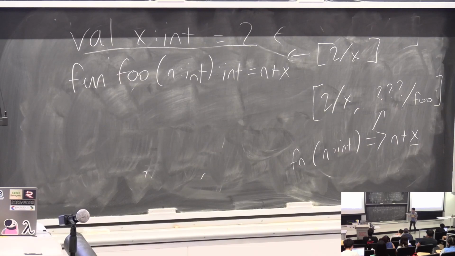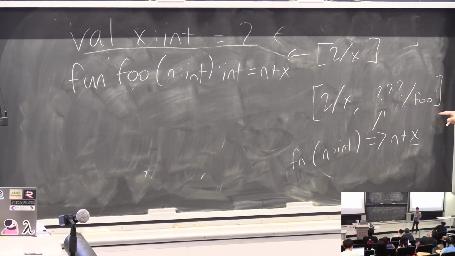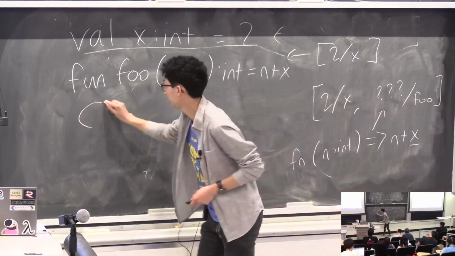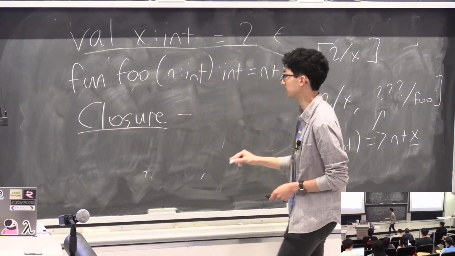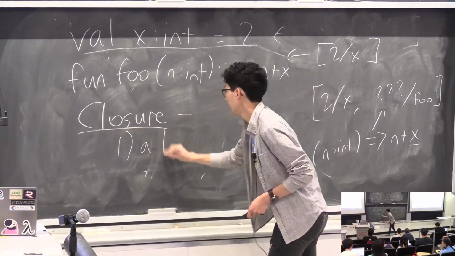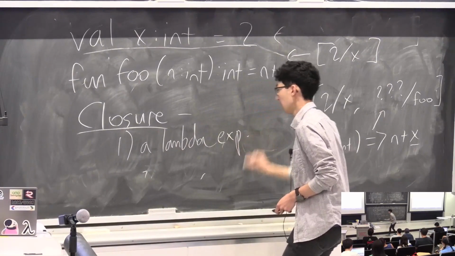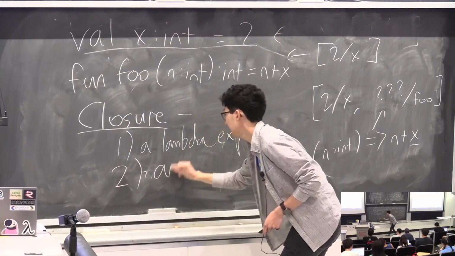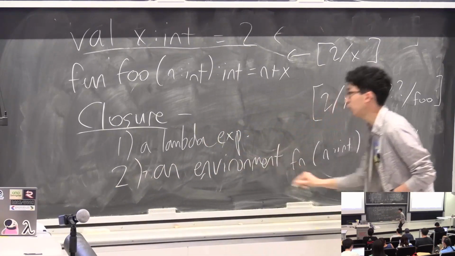In particular, when we bind a function to a variable, we're binding something called a closure. A closure is two things. It is one, a lambda expression, and two, an environment. It's a pair of two things.